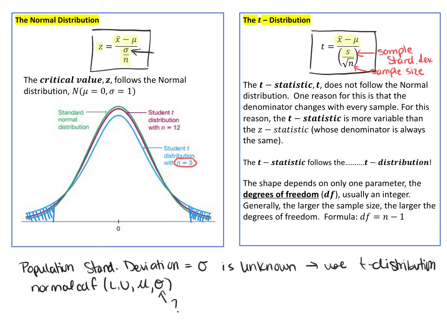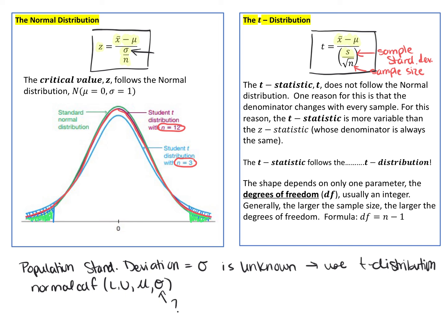If we compare that to the green curve, which is the standard normal distribution, hopefully you can see here that the area on the tail on the normal distribution is a little bit thinner. So the probability under that curve in the tail regions is a little bit smaller. But it turns out in statistics that as you increase the sample size, so as your sample size gets larger and larger, notice that blue curve, compare that to this red curve where the sample size just went from 3 to 12.